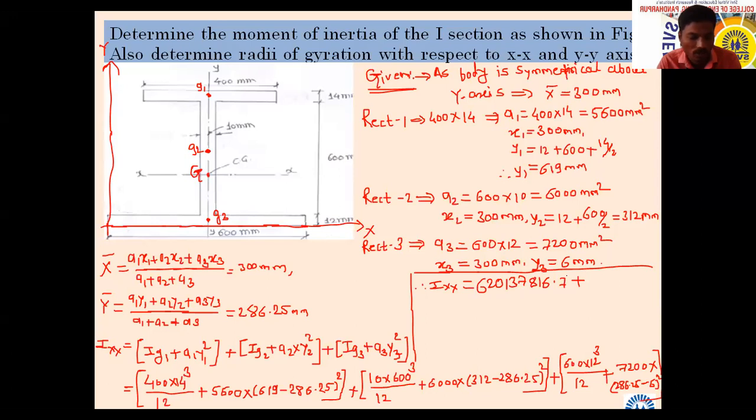Just check the second one. Again, it is coming very large. Is it 3978, 375? Again, it is very large. Let us see the third, whatever it will be.